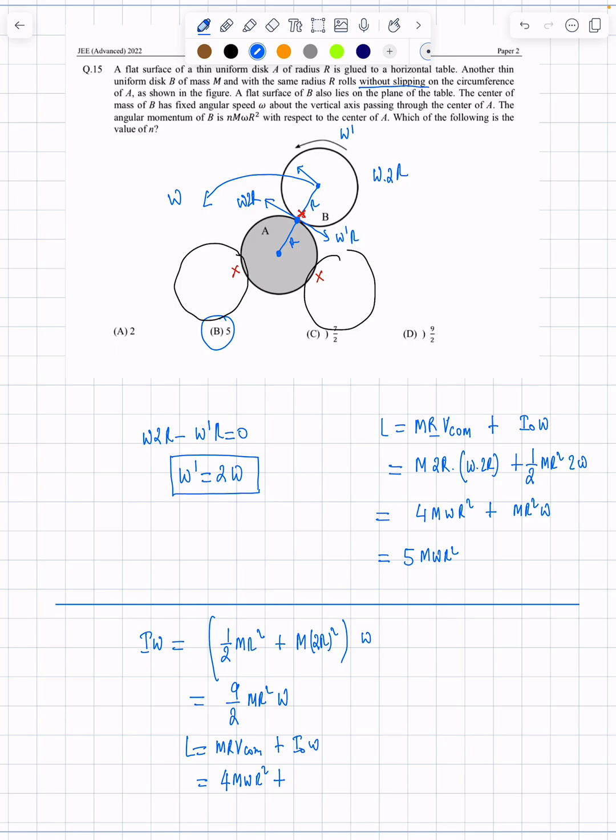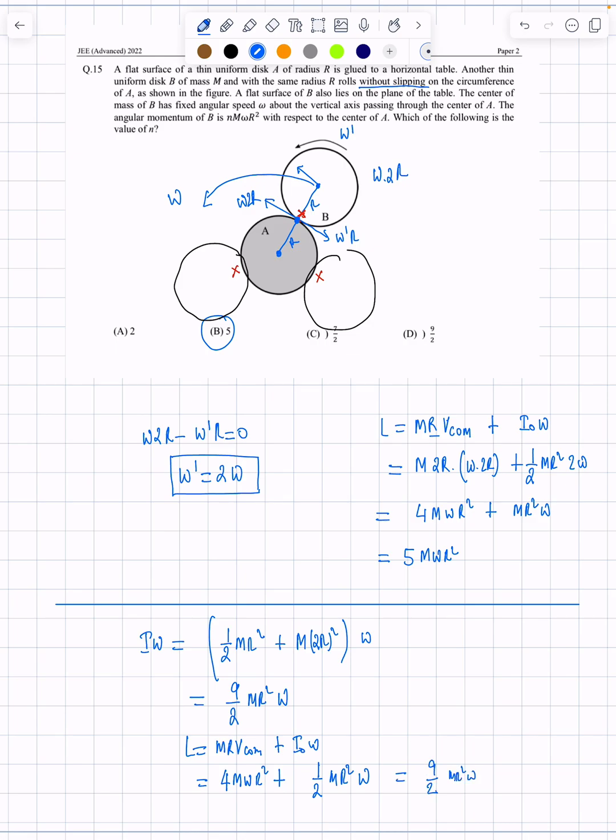It may not be that obvious, but disk B is still spinning, and its angular velocity is actually omega. So I naught is half mr square times omega. So you'll still get 9/2 mr square omega.